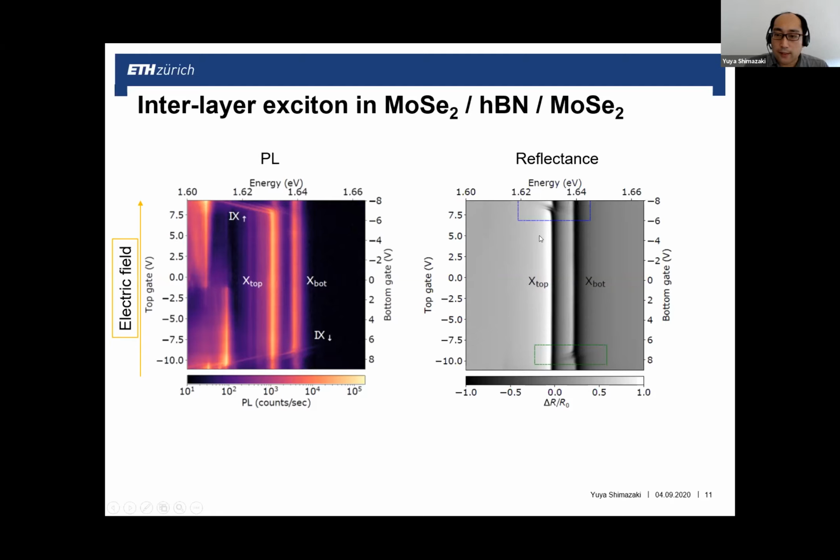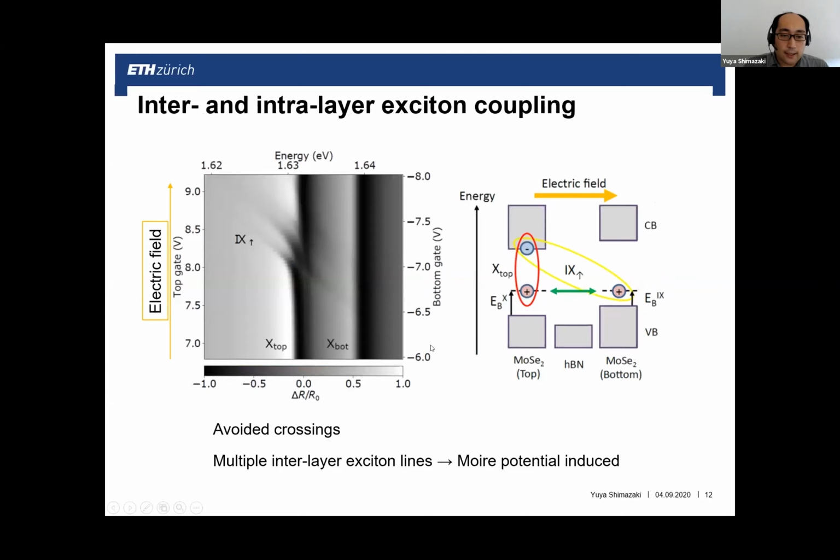However, interestingly, we see the interlayer exciton signal in the reflectance spectroscopy here and here. And if we magnify the data here, we can nicely see the avoided crossing structure of the interlayer exciton with the intralayer top exciton here.